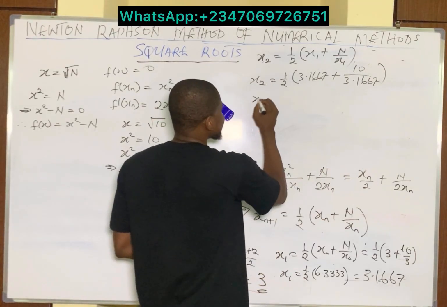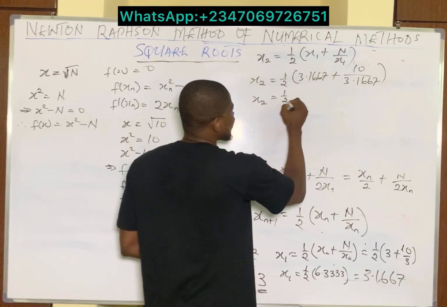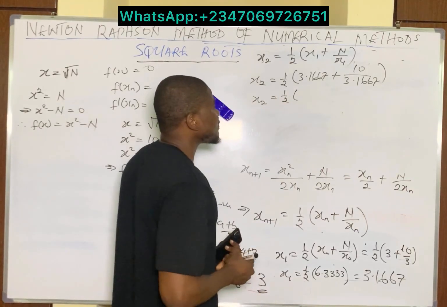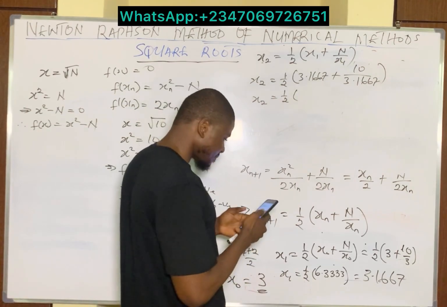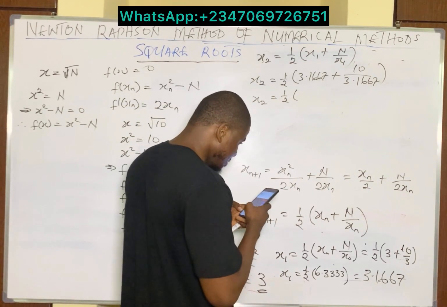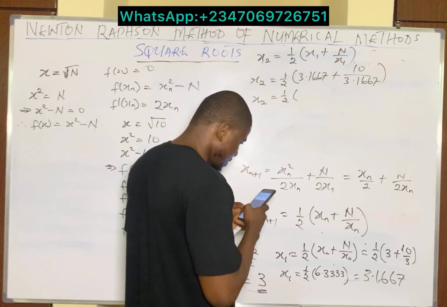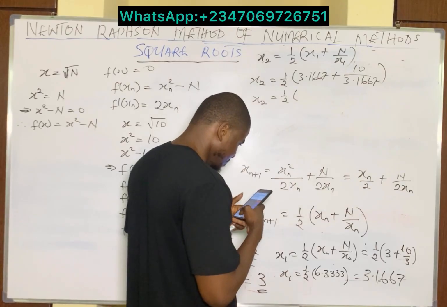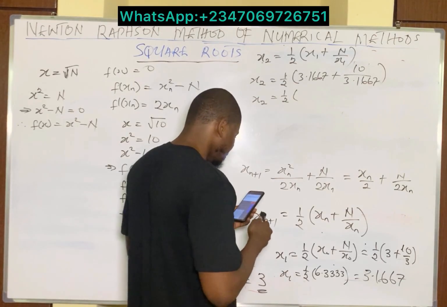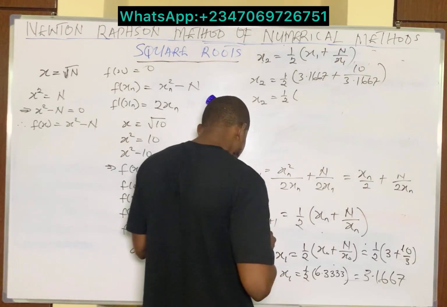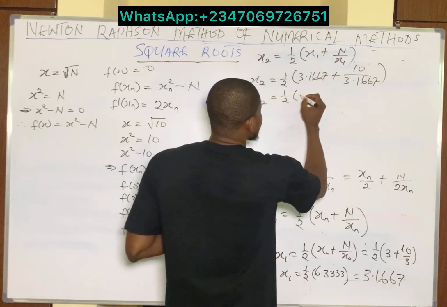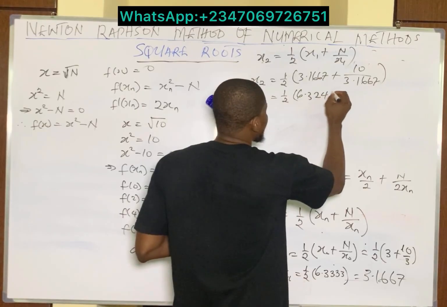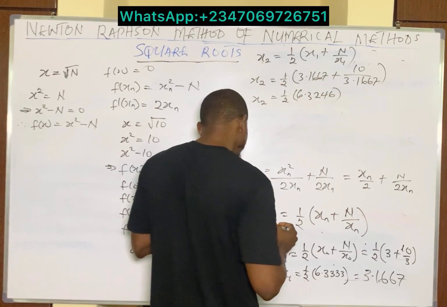So we can find the second root. This is going to be 1 over 2 into, let's evaluate everything inside the brackets. 10 divided by 3.1667 plus 3.1667 gives us 6.3246 approximately.